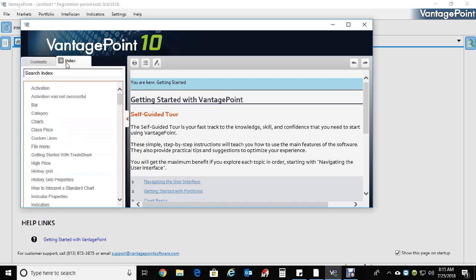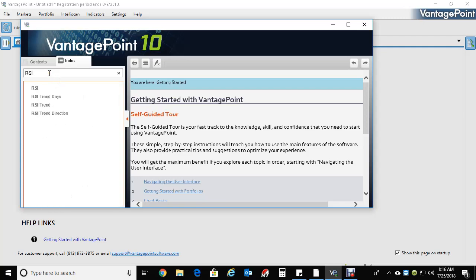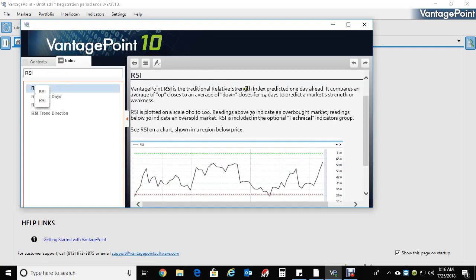And then in your index, you can search for the indicator's name. So you can write RSI, and it'll bring up everything about RSI that you need to know, how to use it, and how to read the trend direction, and so on. And you can do that for all of your tools, all of your indicators.